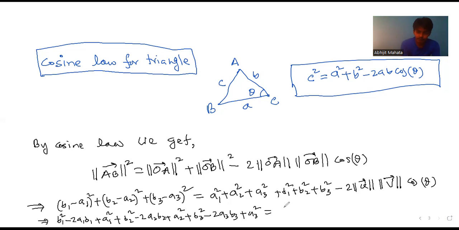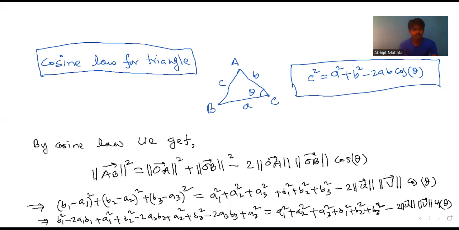So this side will be the same as it is: A1 square, A2 square plus A3 square plus B1 square, B2 square plus B3 square, right? Minus 2 of the norm of u and the norm of v, cos theta.